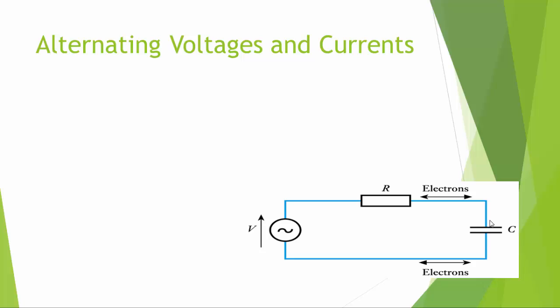Okay, now capacitors then block the flow of charge and accumulate charge when a direct potential is placed across them. However, something very strange happens when we put alternating current or an alternating voltage on a capacitor. So remember, AC swings between negative and positive as a function of time.